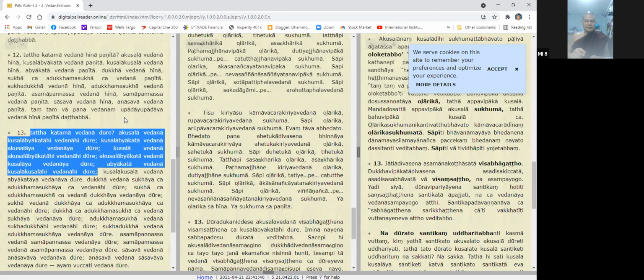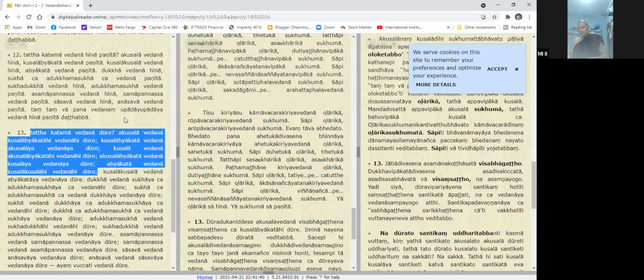The pathama vibhatti, not sattami vibhatti. The e ending is changed into a, that's why we have dure. This is singular, like purisa, like jeta. Here dura, not dura here, dure. Tattha katama vedana dure: what feeling is called dura? Akusala vedana kusalaya vedanaya dure.